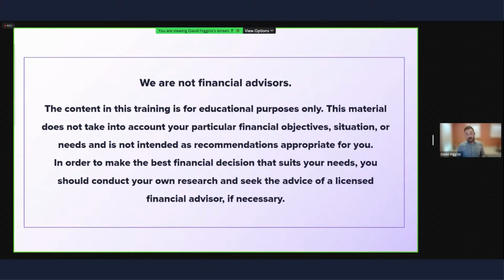In order to make the best financial decisions possible that will suit your needs, you really should conduct your own research as much as you possibly can, and then seek out the advice of a licensed financial advisor if necessary. The whole purpose of today is to give you some baseline and some pieces, but if you're looking for very specific financial advice and help, we highly, highly advise you to reach out to a licensed financial advisor.